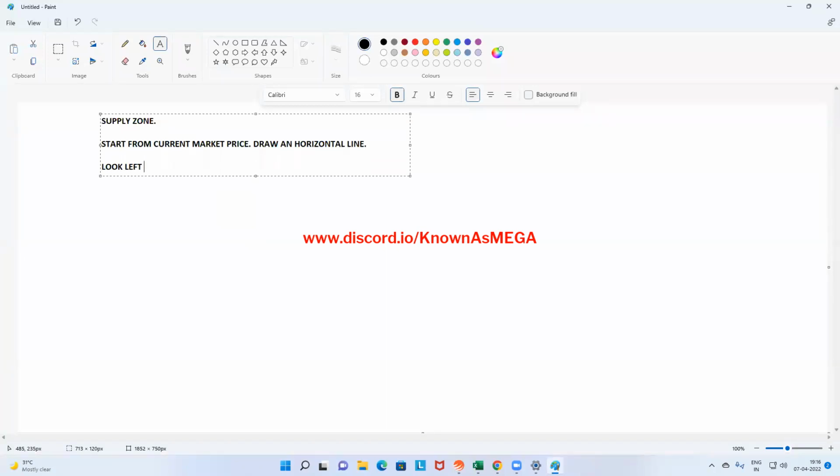Look left and you tell me. Look left for demand zone. We look left and below. For supply zone, we look left and above.